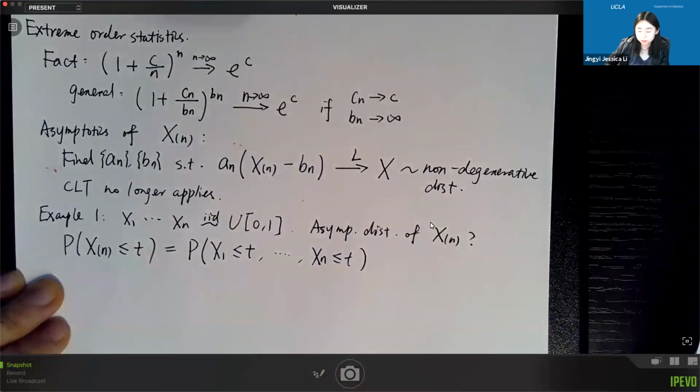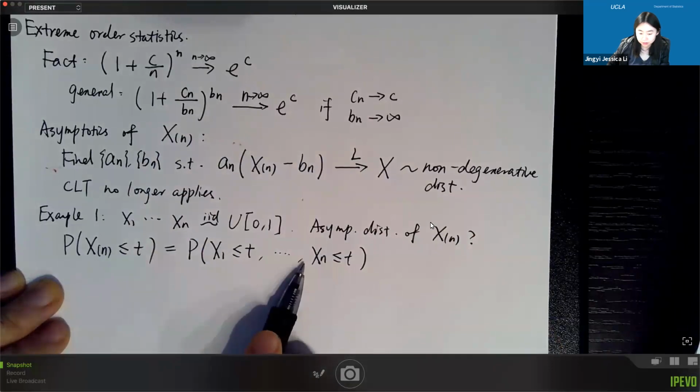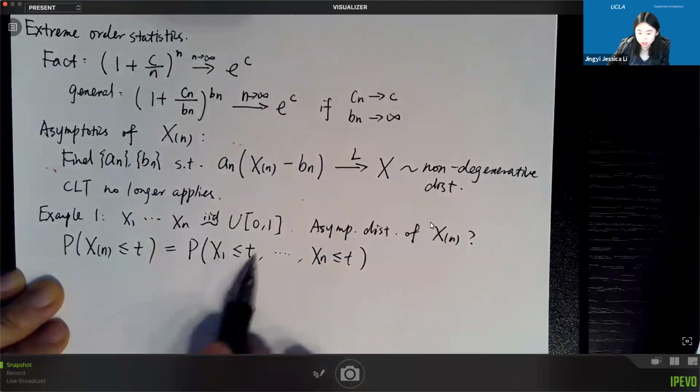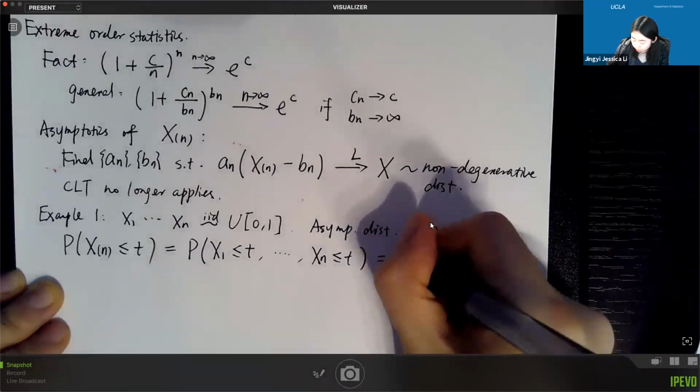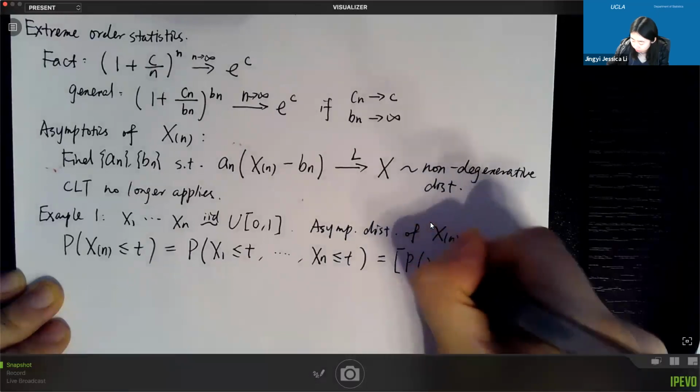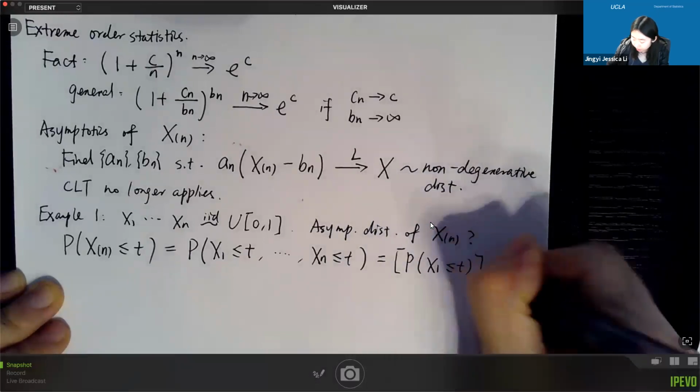And then this is something we can use IID for. Because of the independence, we can factorize the joint probability. Because of identical distribution, each probability is the same. So essentially, this is equal to the probability X1 less or equal than t, raised to the power n.